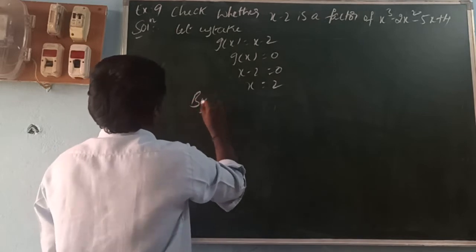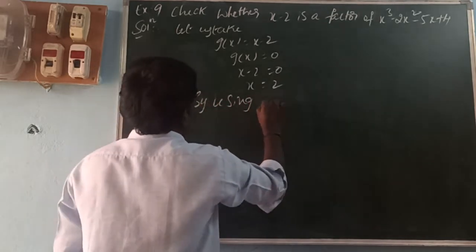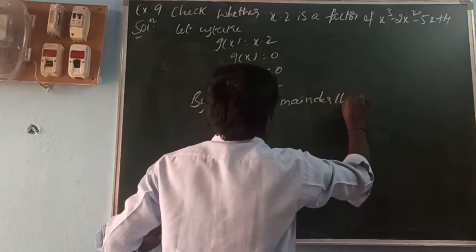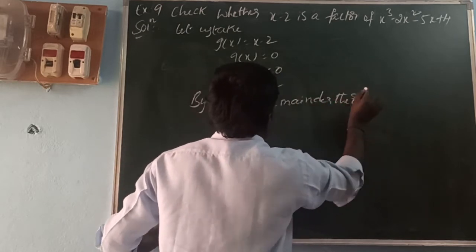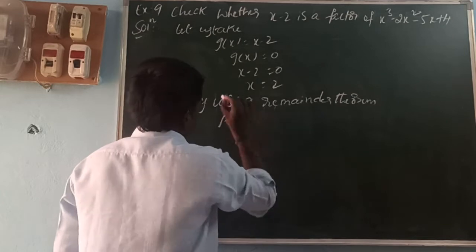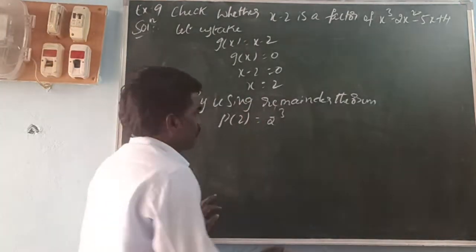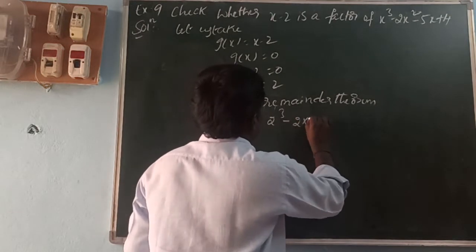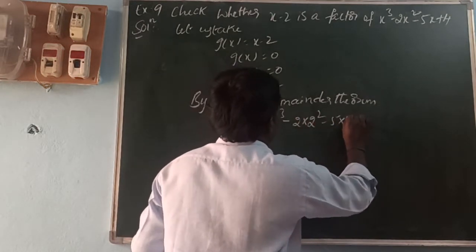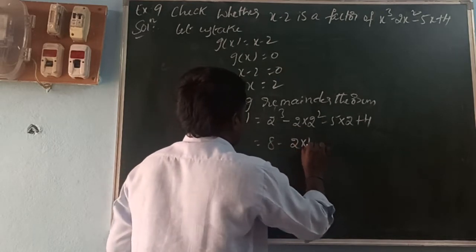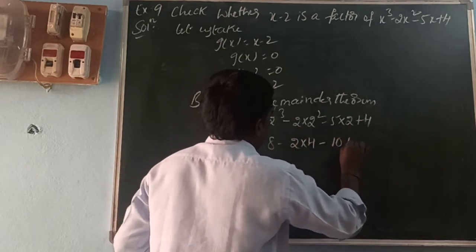By using the remainder theorem, p of 2 is equal to, in the place of x we put 2: 2 cube minus 2 into 2 square minus 5 into 2 plus 4. 2 cube is 8, minus 2 into 2 square, which is 4, is 8, minus 5 into 2 is 10, plus 4.